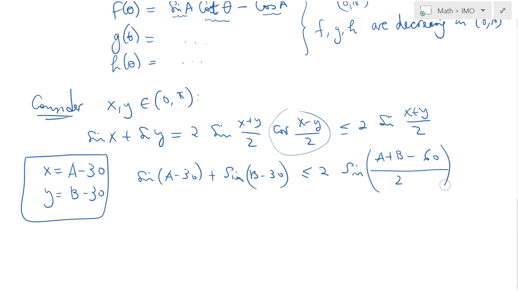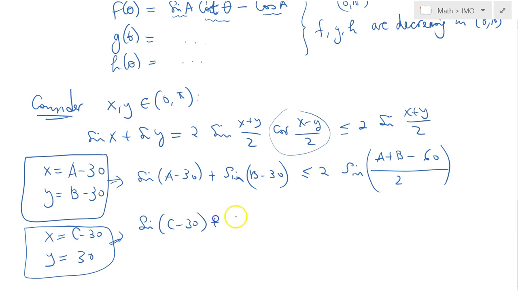So that makes sense. In a similar way, I would also plug in x equals c minus 30 degrees and y equals 30 degrees. In that case, sine of c minus 30 plus sine of 30 degrees is less than or equal to 2 times sine of the sum of these two over 2, which is just c over 2.